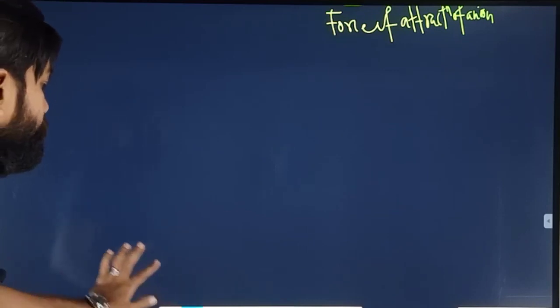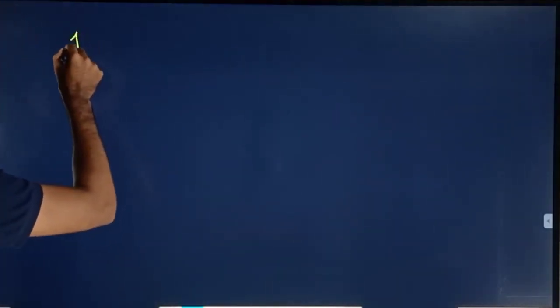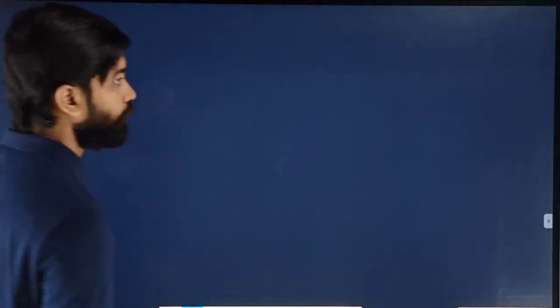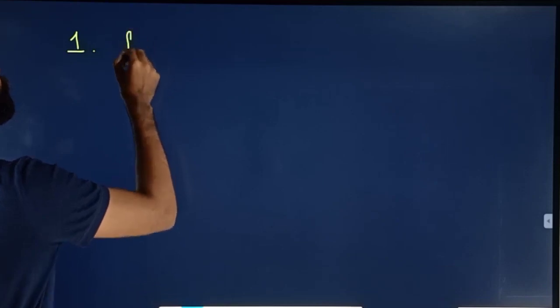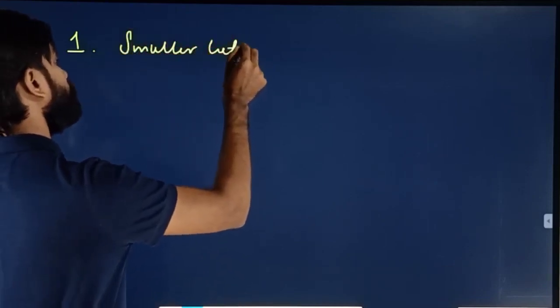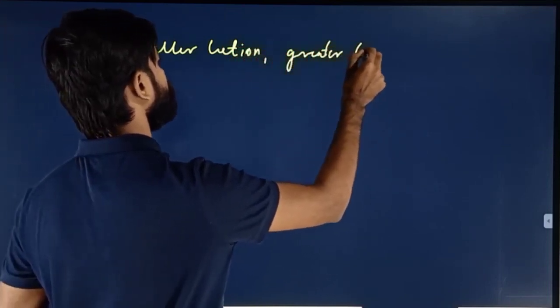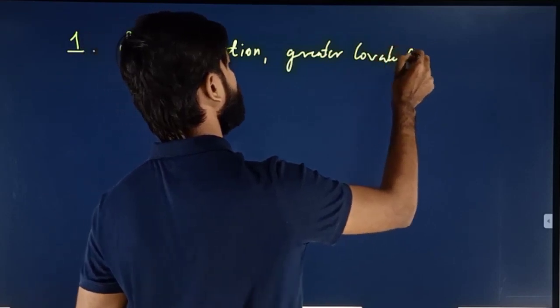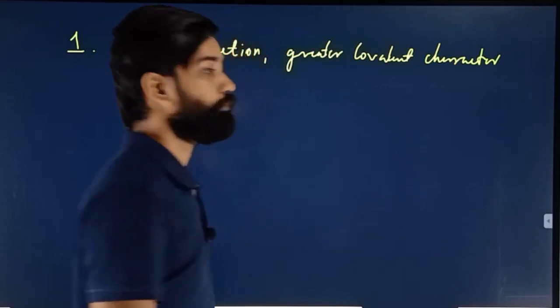Now let's find the statements from Fajans' rule. Statement number 1: smaller the cation, greater the covalent character.